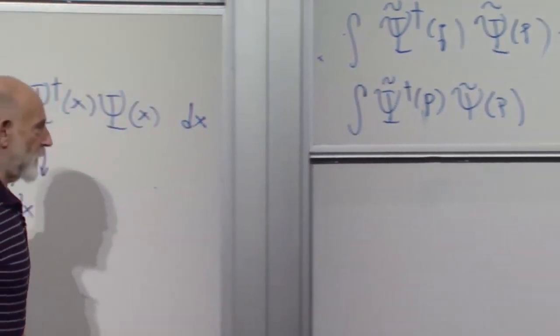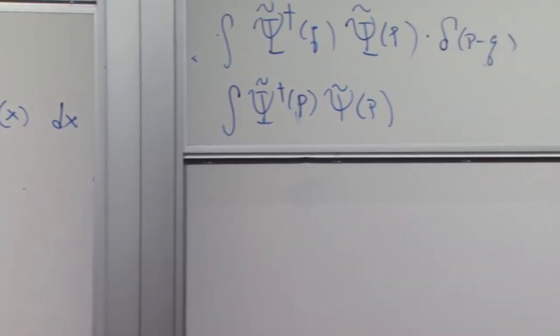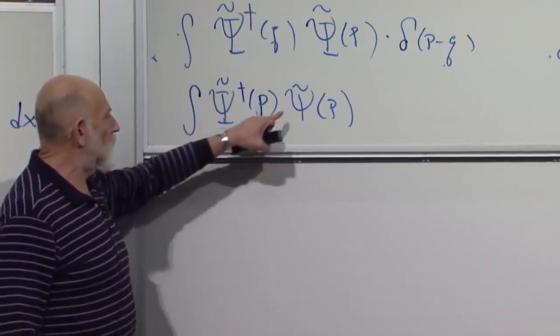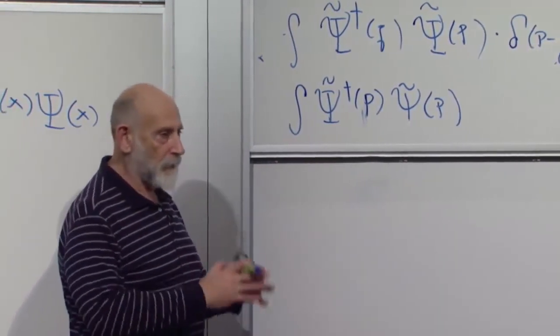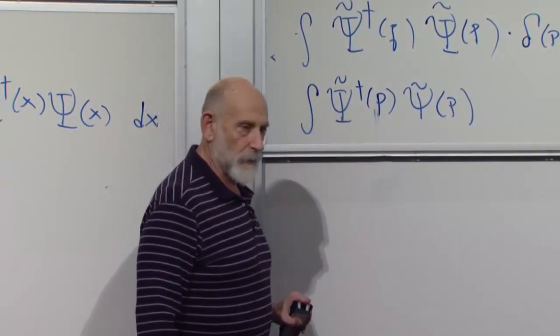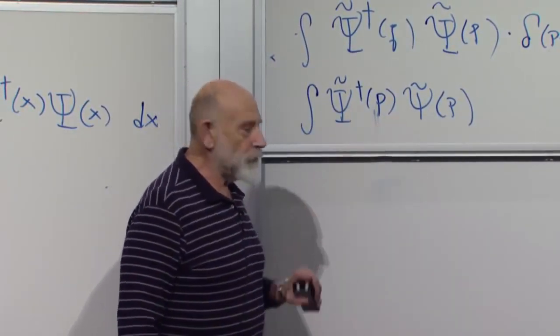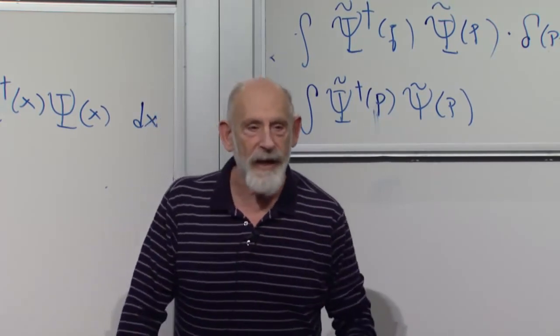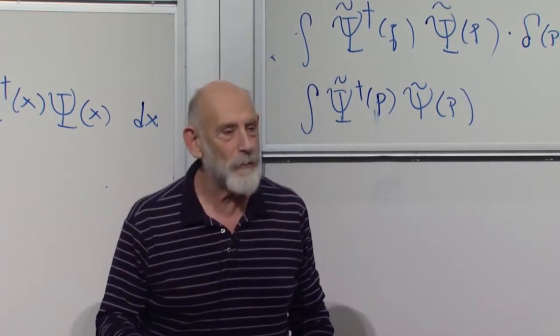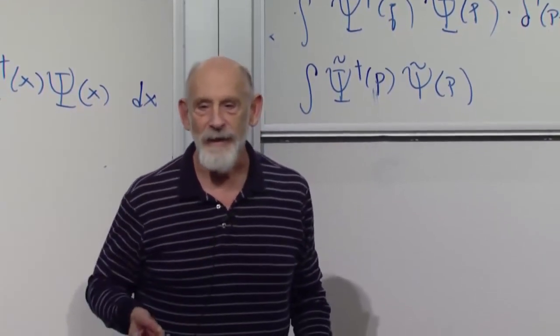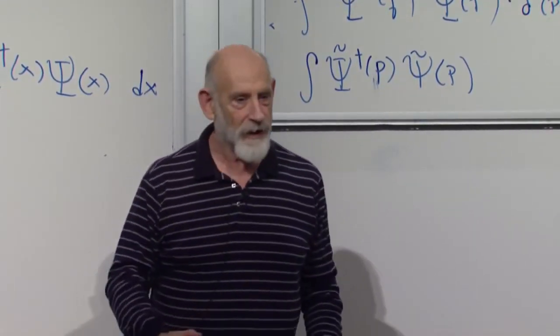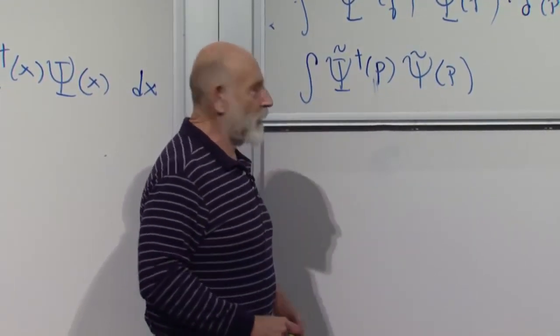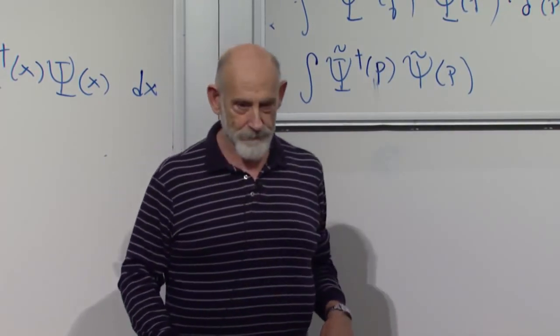Okay, now what do we have here? We have an operator which contains a destruction operator, or an annihilation operator, times a creation operator. It's an annihilation operator for a particle of momentum p. So if it finds a particle of momentum p, it pulls it out and kills it, it annihilates it. But then it puts back a particle of the same momentum.